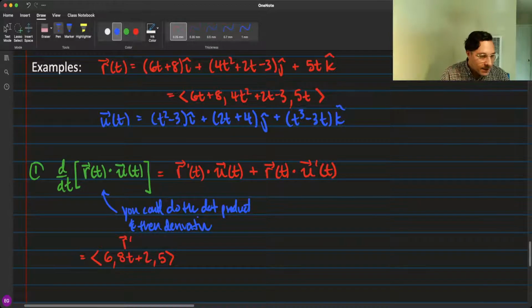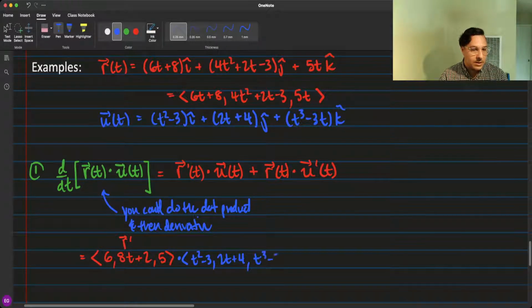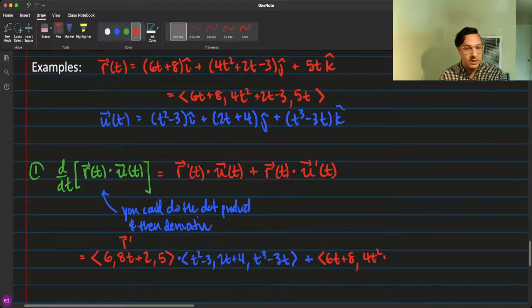Then you're going to have to dot this with u, which is going to be t squared minus 3 comma 2t plus 4 comma t cubed minus 3t. Then you're going to have to add to it r of t, which is going to be in component form 6t plus 8 comma 4t squared plus 2t minus 3 comma 5t.